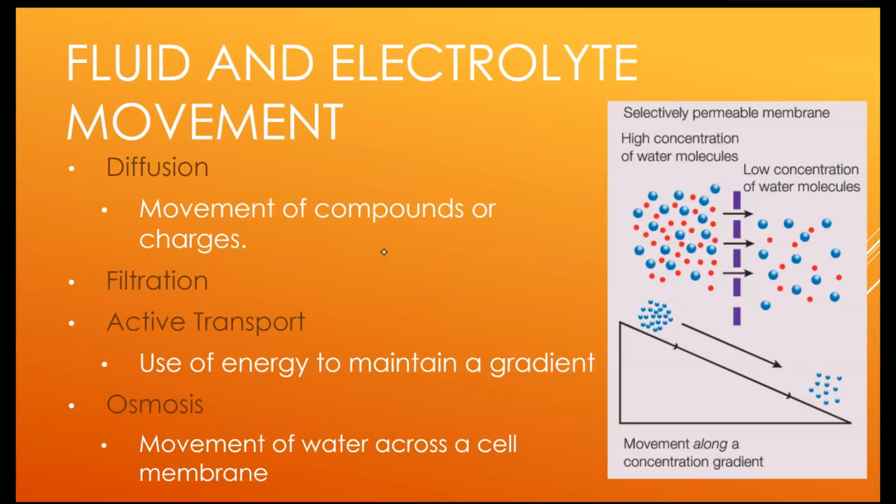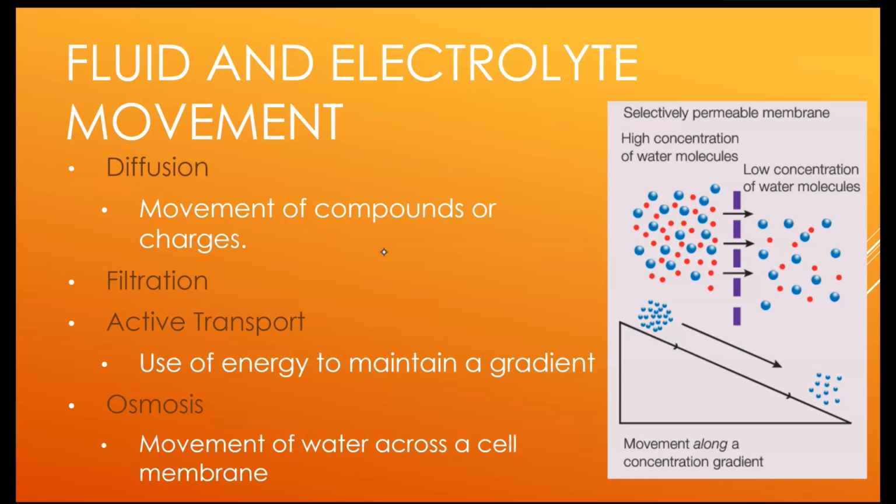Know how fluid moves, right? So you have diffusion, where if there's a high level of solute on one side, the water will move across to dilute it. Or sorry, diffusion is the solutes moving. So like your ions are moving back and forth. Osmosis is just water moving.